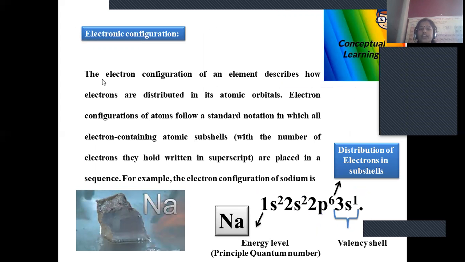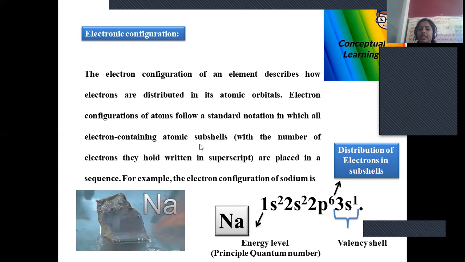Electronic configuration of an element describes how electrons are distributed in an atom, in the atomic orbitals. Electron configuration of an atom follows standard notation. In order to fill, we have to follow certain rules. In standard notation, all electron-containing atomic subshells with the number of electrons they hold written in superscript are placed in the sequential manner of filling.